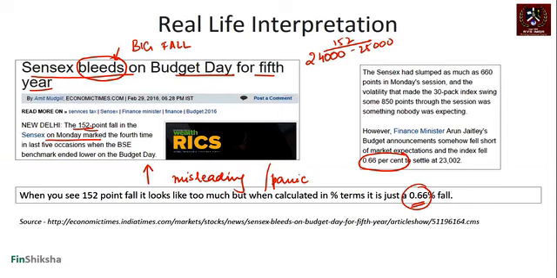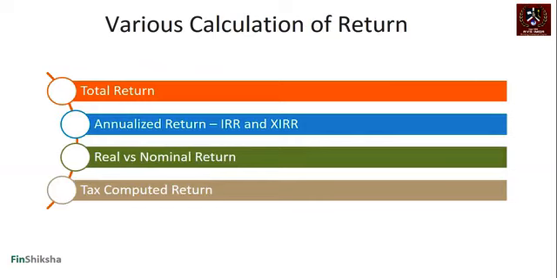So essentially, it is important that this interpretation of percentage returns takes over rather than looking at absolute data points which come out, right? We keep reading these items that Sensex falls 500 points, right? Now the Sensex value is close to 28,000. So if it falls by 500 points, that's still less than 2% as a fall. So in return terms, it's not a huge fall that we're looking at, right? That's an important interpretation of the overall context of returns in percentage terms.